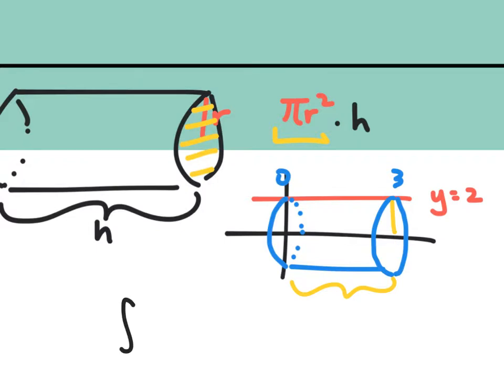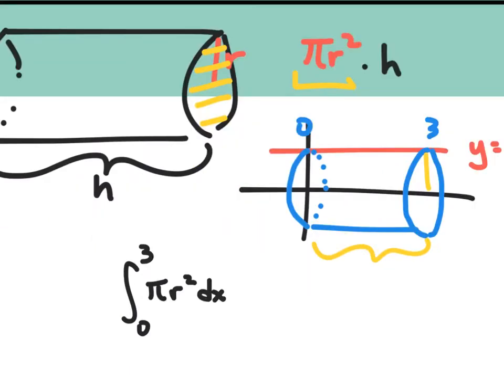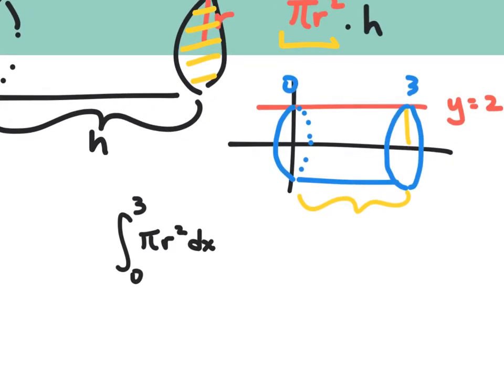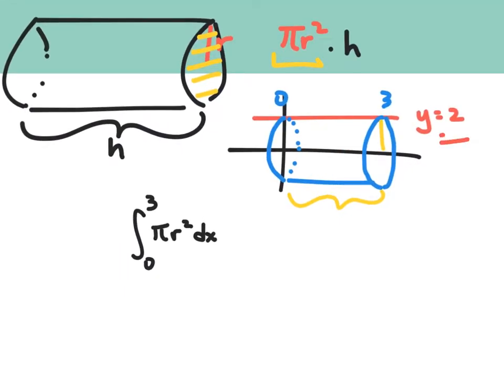The way that we'd integrate this is on the same limits, from 0 to 3 of pi r squared, and our h is actually dx. The dx is what takes us from 0 to 3. So what is r? R is actually going to be an output of a function. In this case, the output of our function is always 2.